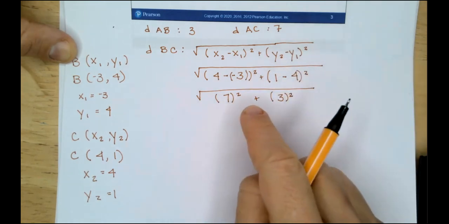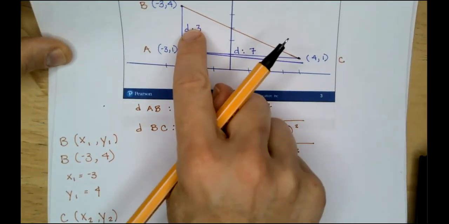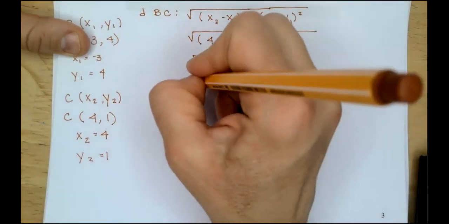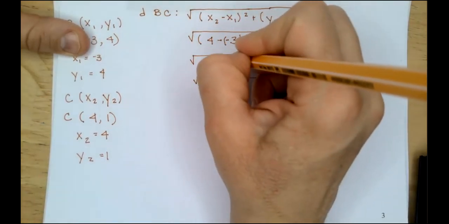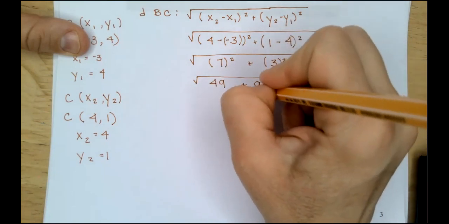If you'll notice, that was that, and that was that. That's interesting. The square, or sorry, 7 squared is 49. 3 squared is 9.